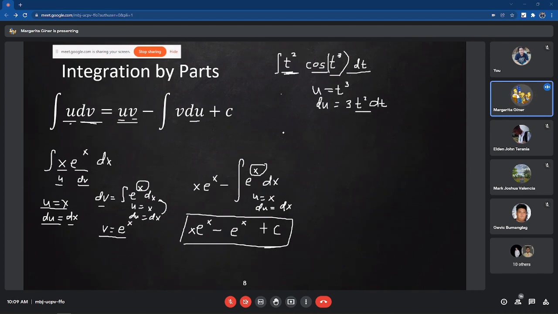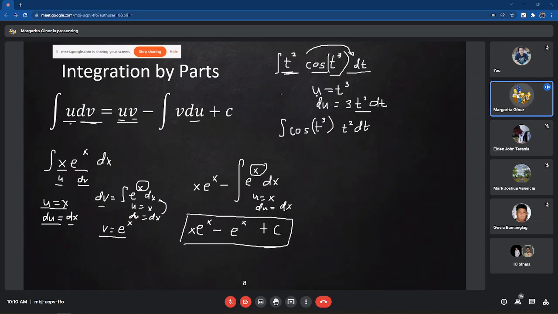So, we could arrange our equation like this. This will become cosine t cubed. Because sometimes the equation is very tricky. Just remove this one beside it, because this is the derivative of cosine t cubed. So this will become, multiply it by t squared dt, so that it matches.